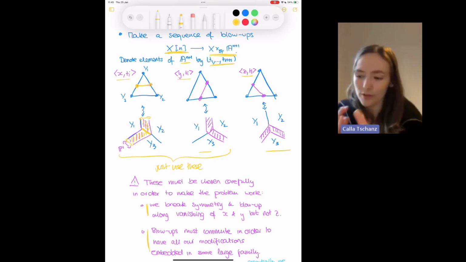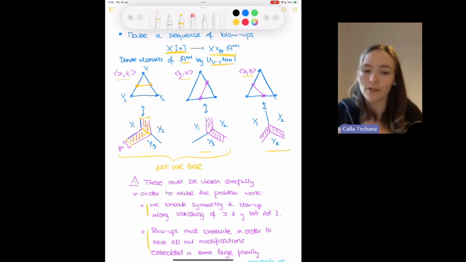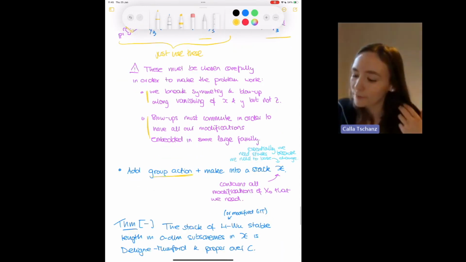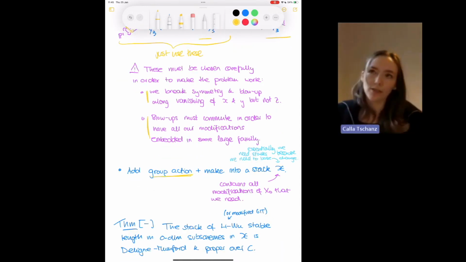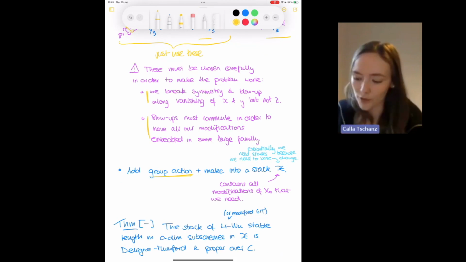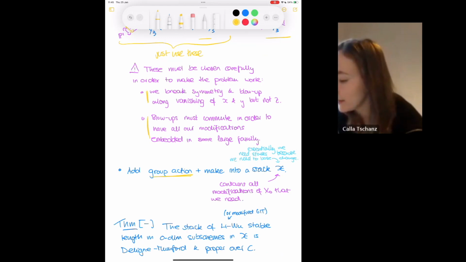We need to squish things back down because we're trying to find a degeneration over a curve. This is too big. So we add some group action to this, which does several things, but essentially just squishes everything back down into some one parameter family. Then I have to make things into a stack.